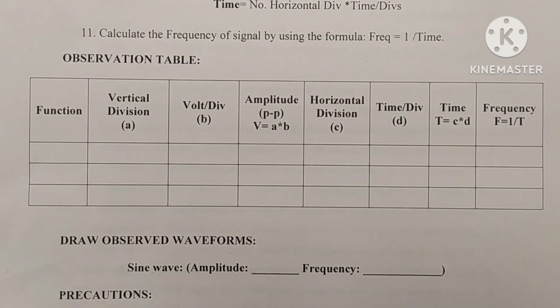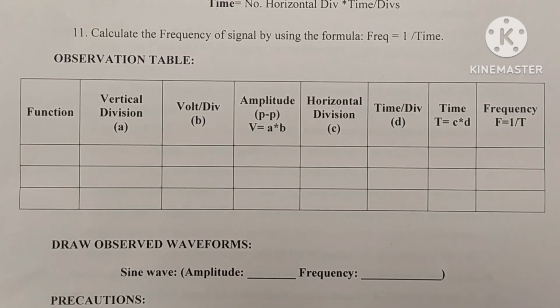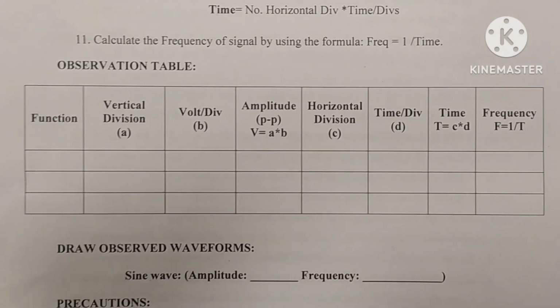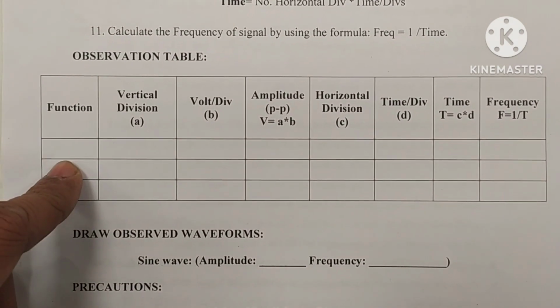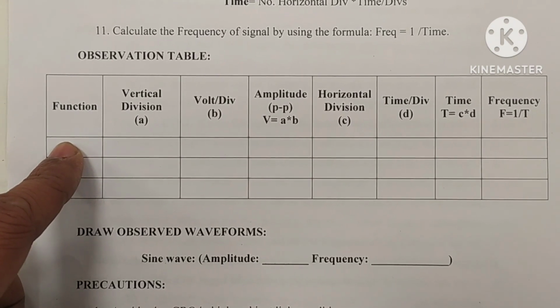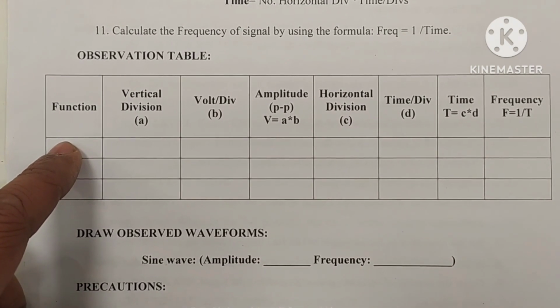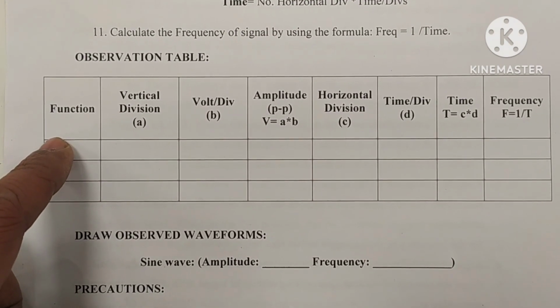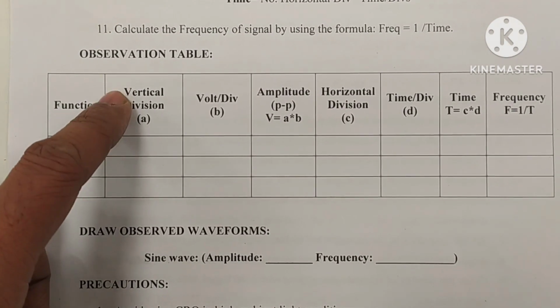So this is the observation table which we need to fill while we are performing the CRO experiment. In the first column we need to put the function which we have used. That means if we are using a sinusoidal wave, at that time we need to put sinusoidal here. This is vertical division.